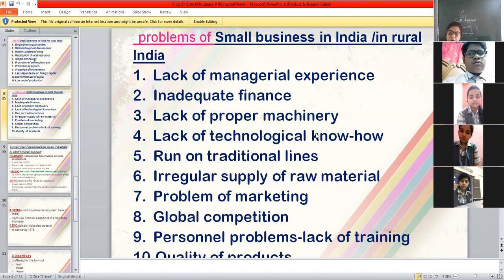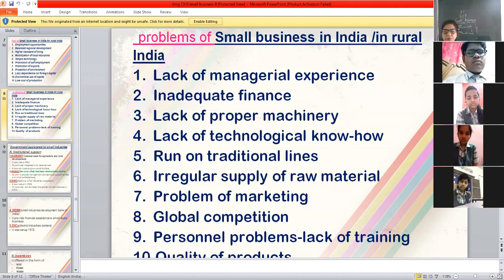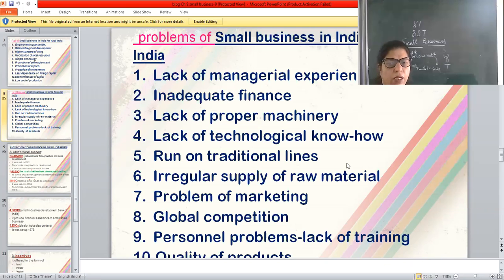They don't have advanced technological knowledge. Even the small businesses are lacking managerial experience and managerial skills. That's the problem they are facing. And traditional lines: generally they produce traditional products only.